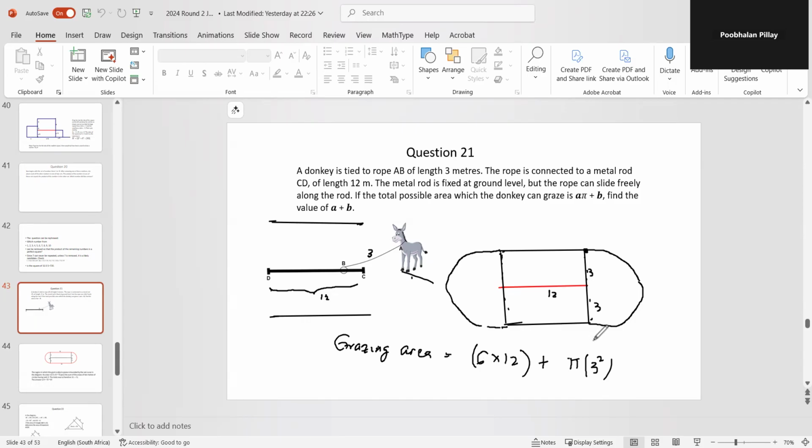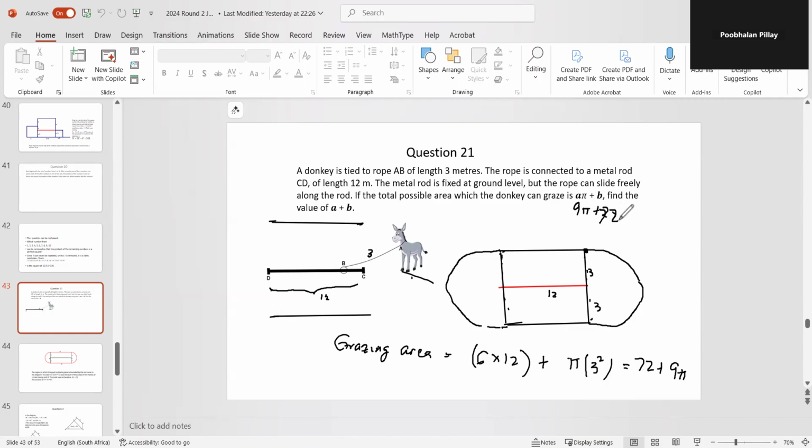Or otherwise, you can imagine both of them are merged together to get this area. So that's your grazing area. So that is 6 times 12, which is 72, plus 9 pi. So there is a pi in the area: 9 pi plus 72. That's the area in which the donkey can graze.